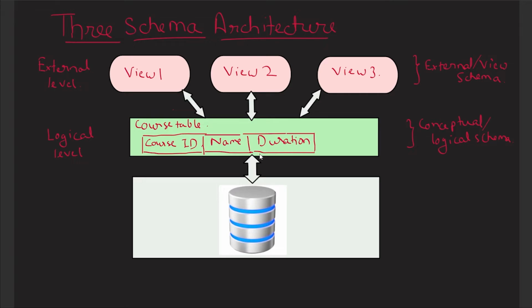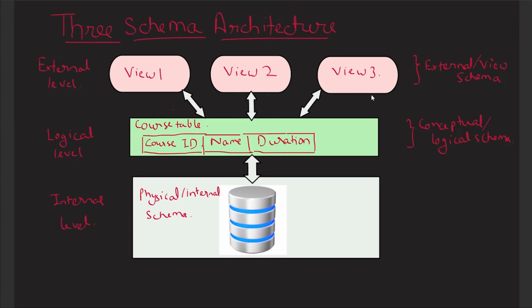Now the third one is the physical schema or the internal schema. So the level will be called the internal level, and this is the physical schema that will give you the idea about the physical storage of the data in the database. So this is the internal level and this is the physical or internal schema.